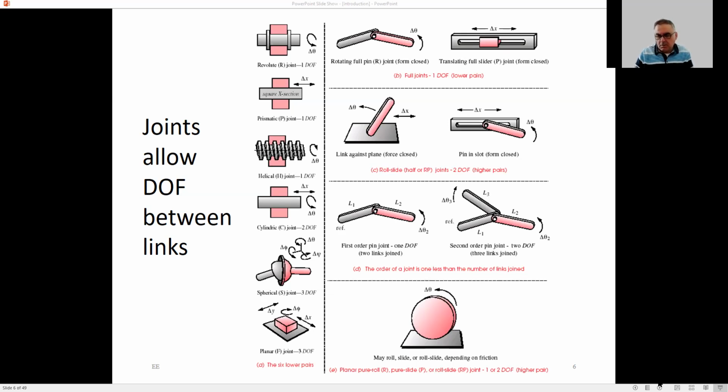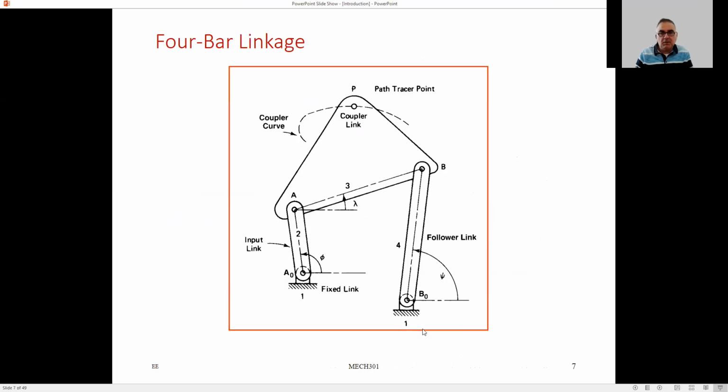Okay, let's go on. Now, what is a mechanism? There are two most common mechanisms which we will encounter all the time in this course.